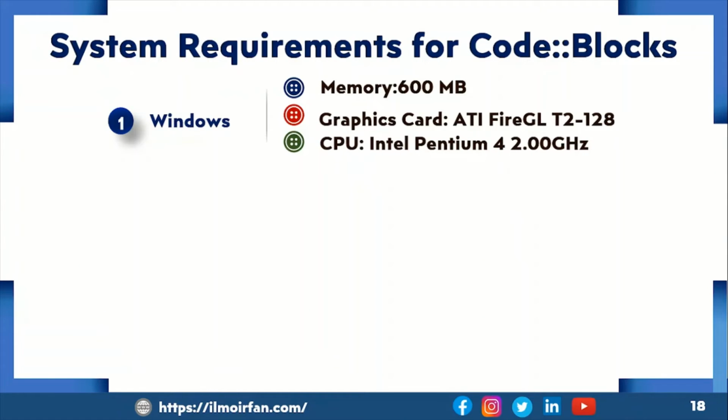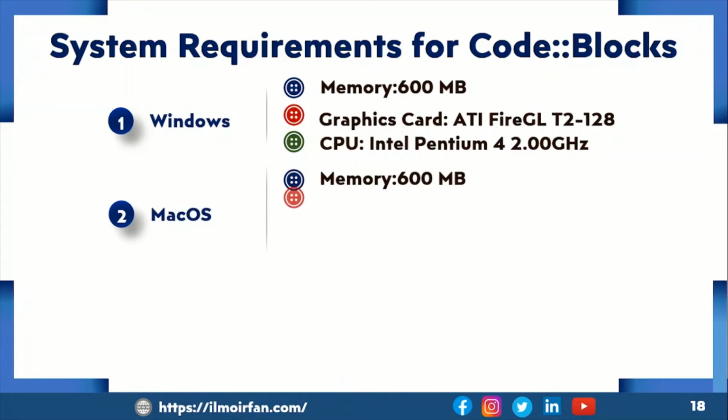The system requirements of code blocks for three major operating systems are as follows. For Windows, we need memory of 600 MB, graphics card is ATI FireGL T2128, and CPU is Intel Pentium 4 2 GHz.